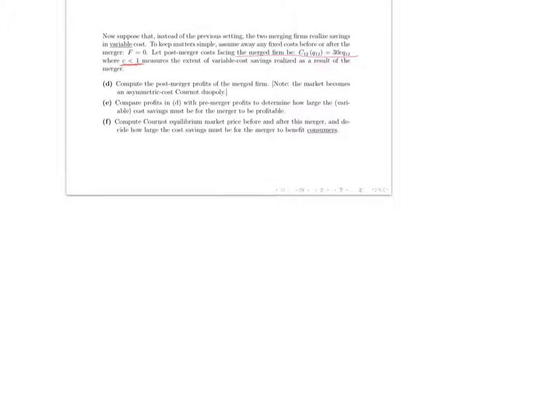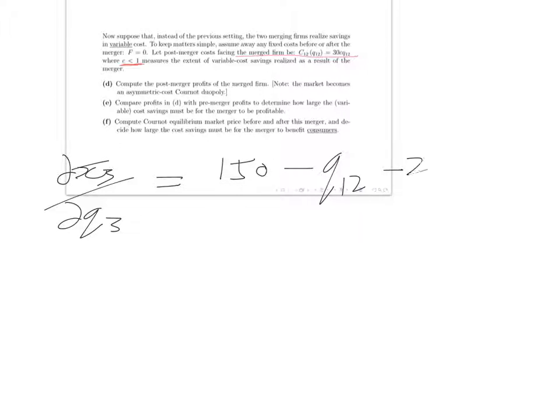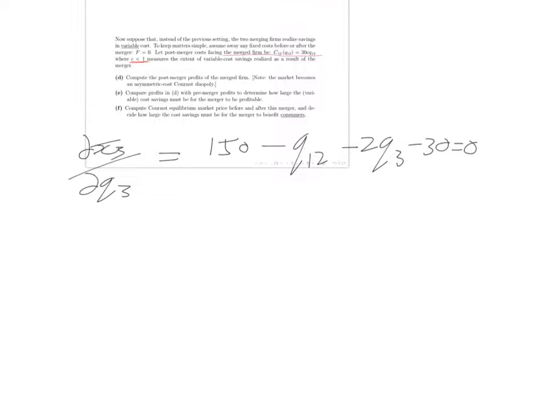First things first, nothing has changed for firm 3, the firm that isn't merging. So we can write firm 3's first order condition as 150 minus Q12 minus 2Q3 minus 30 equal to 0. We've already derived this.